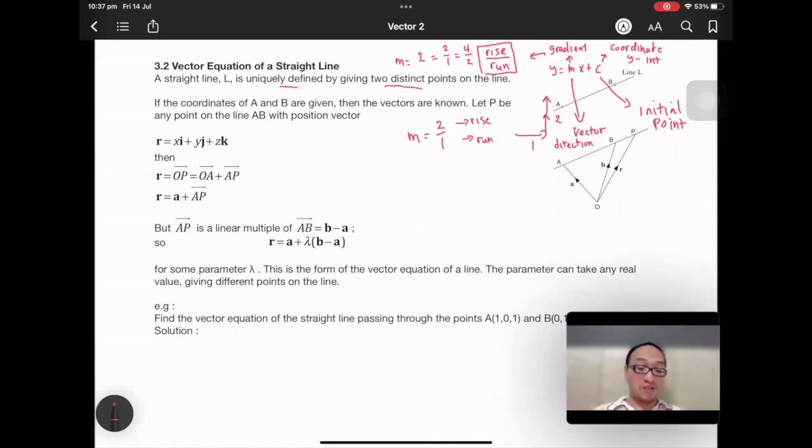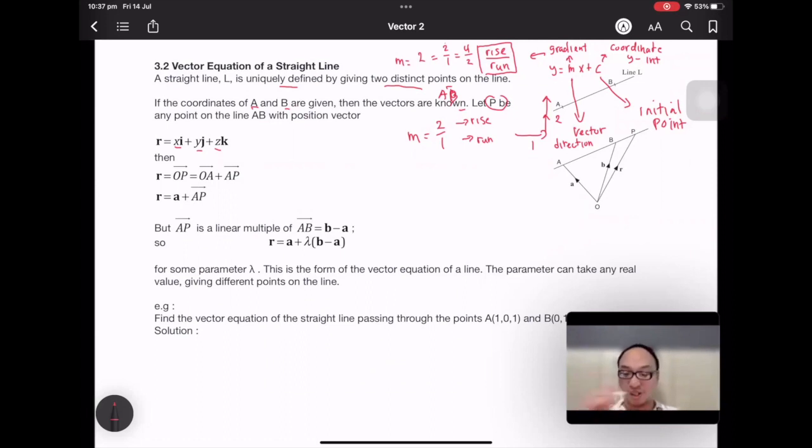If the coordinates A and B are given, then the vectors are known. So we can find the direction vector of AB. Let P be any point on the line AB with position vector xi plus yj plus zk.